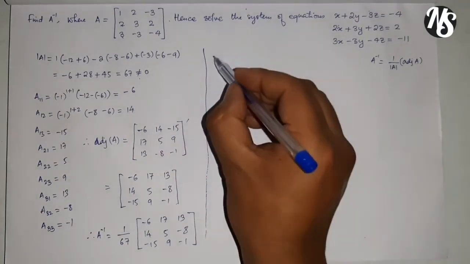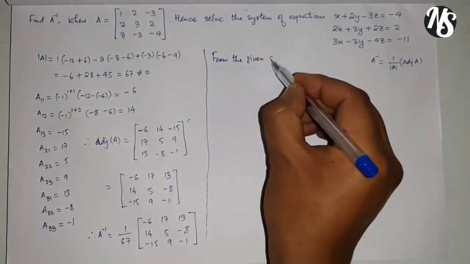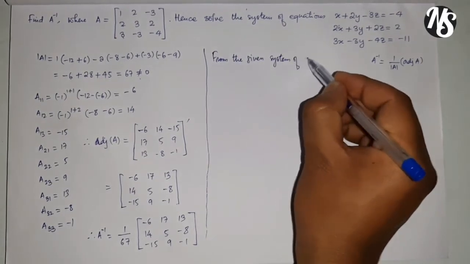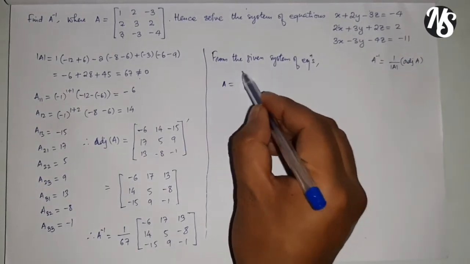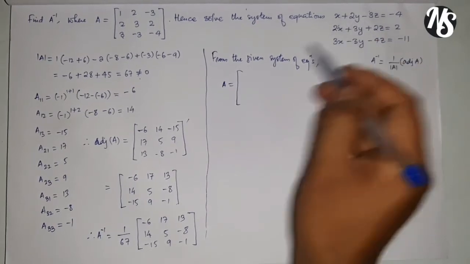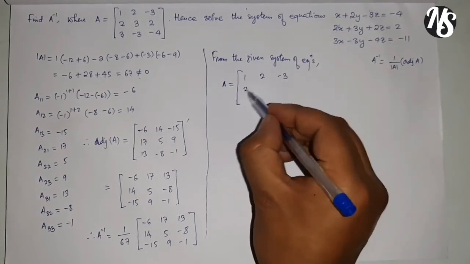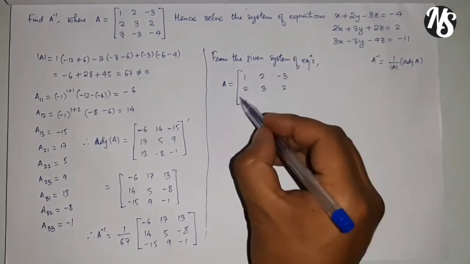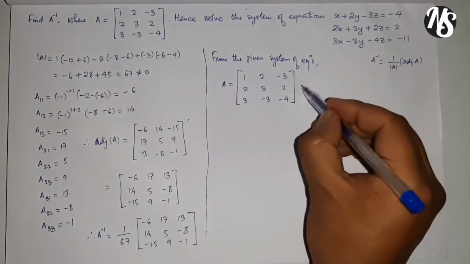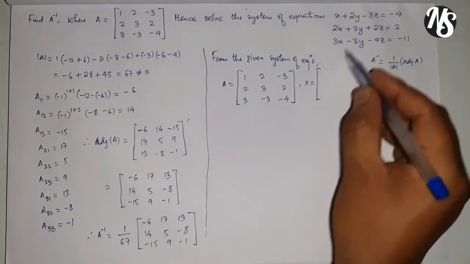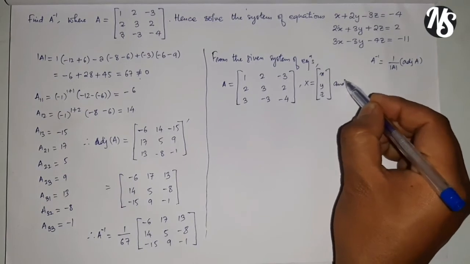Now, from the given system of equations, tell me what is A. Now A will be 1, 2, minus 3, 2, 3, minus 3, minus 4, 2, 3, minus 4 as A. And all of you know X will be the column matrix containing X, Y, and Z. And what is your matrix B?